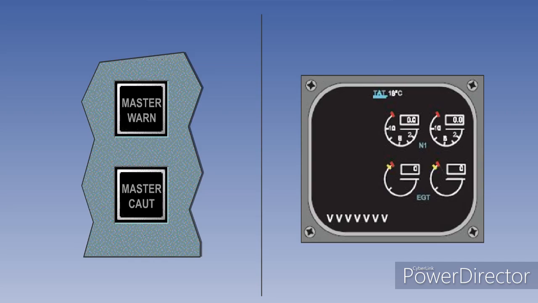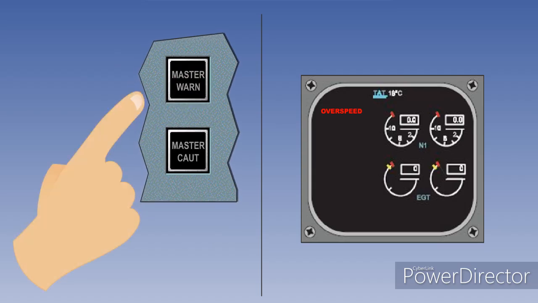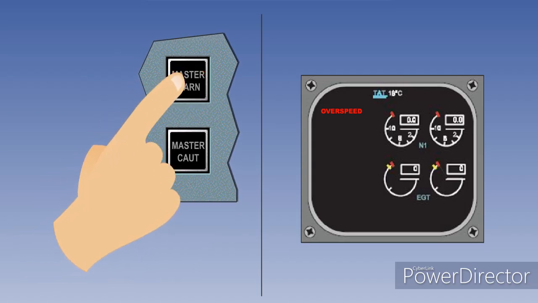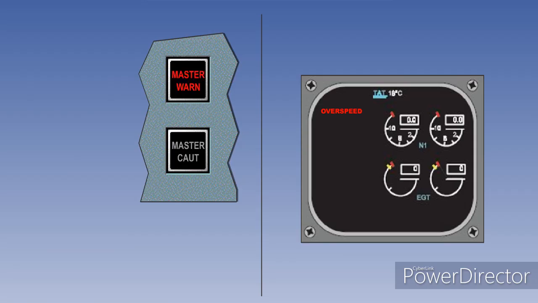A clacker is sounded, and the red master warning lights illuminate, and the overspeed message is displayed on the EICAS upper display. The warning cannot be cancelled by pressing the red master warning light and will continue until the crew slows the aeroplane.